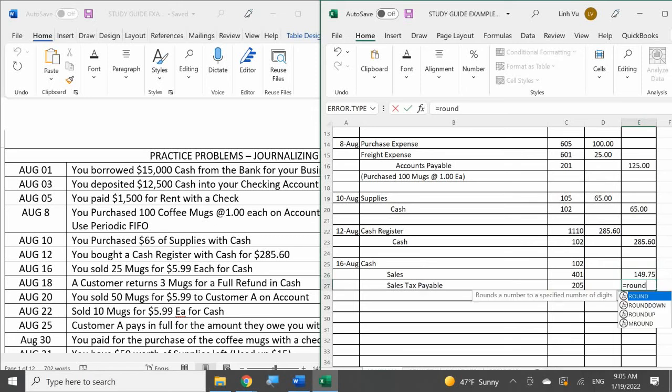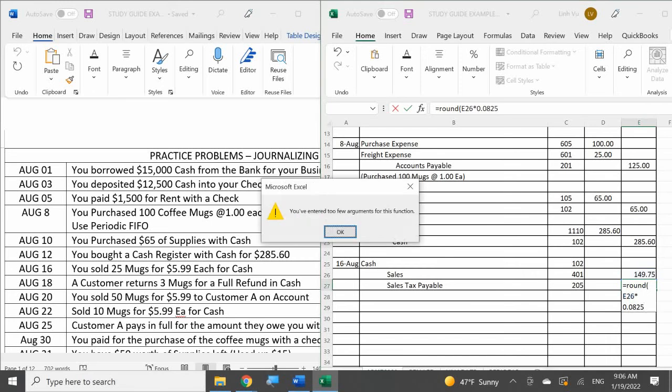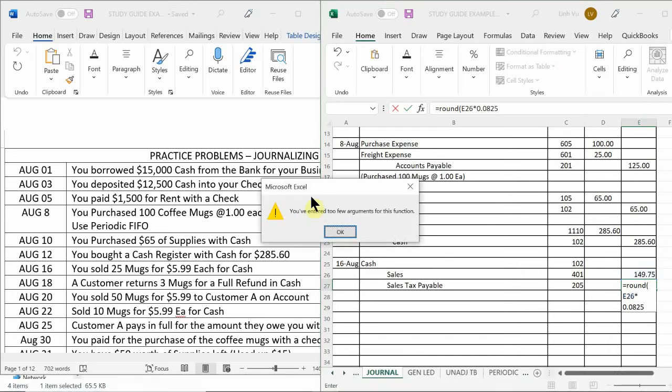I have to figure out how much tax that is. So how much tax is on your coffee mugs? $12.35.